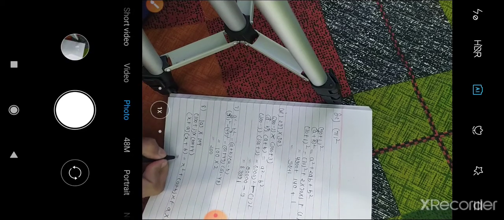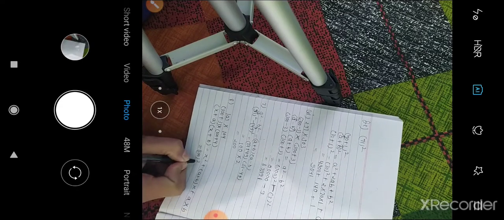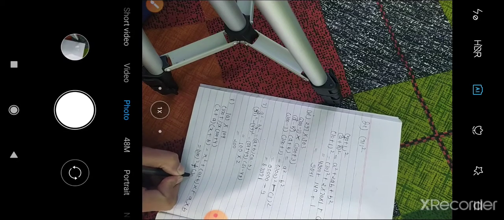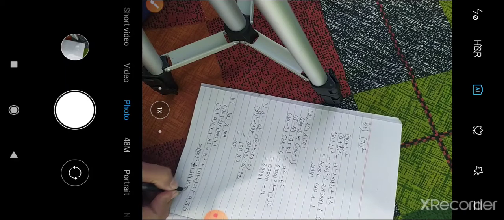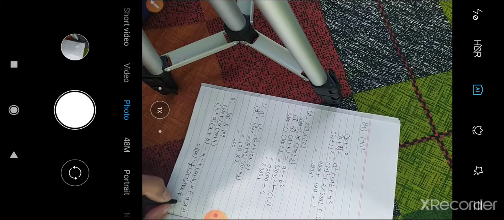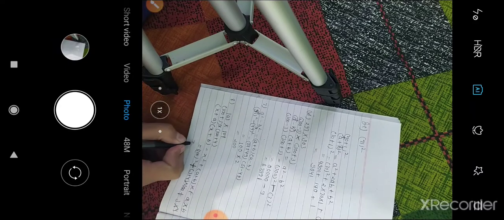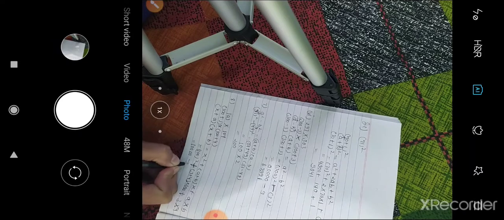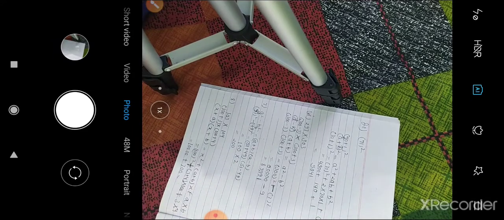In place of x we have 100. In place of a we have 3. In place of b we have 4. Multiply by 100 plus, again in place of a we have 3 and in place of b we have 4. The square of 100 is 10,000.